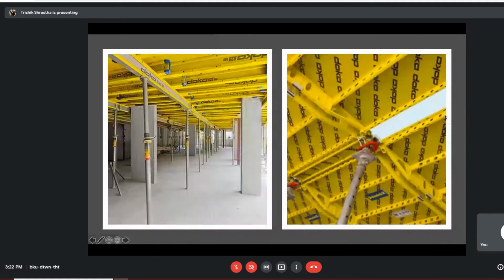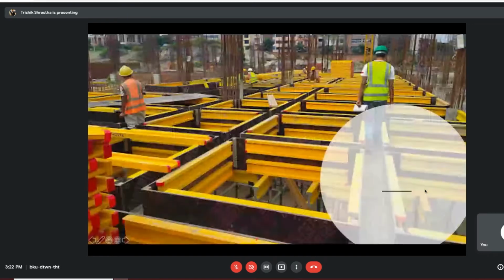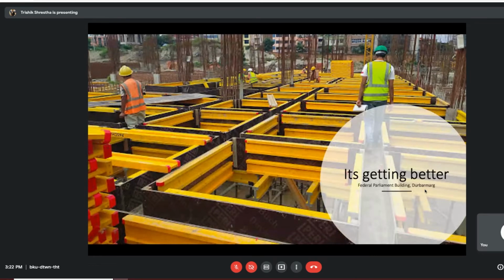Now, I have bashed on the Nepalese construction industry a lot, but I have to say that things are in fact getting better. Construction companies are innovating. They are doing things better. This is the construction site of the Federal Parliament building being constructed at Darbar Marg, and they seem to be using this particular decking system for their formworks and other tools that have been brought to my attention.